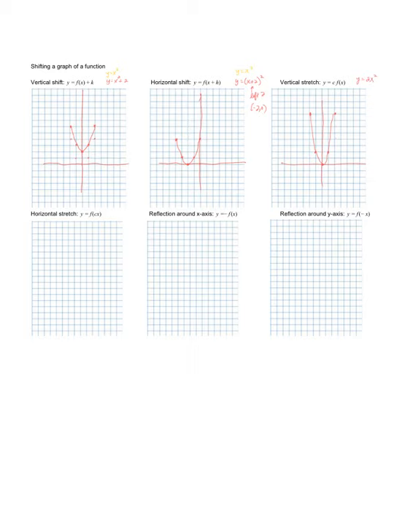Horizontal stretch. It's a little bit harder to see with a parabola, but if I were to put a 2 on the inside of this function, it makes a horizontal shrink. It's the opposite from the way it appears. So why is it a horizontal shrink?